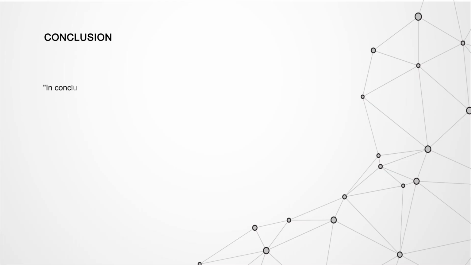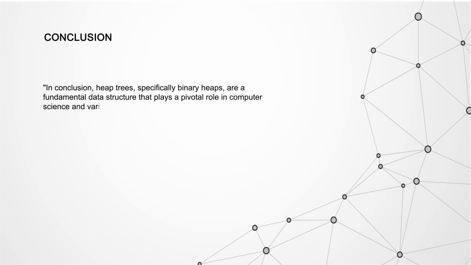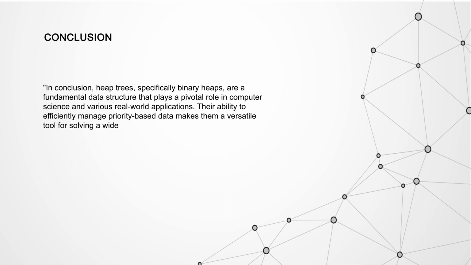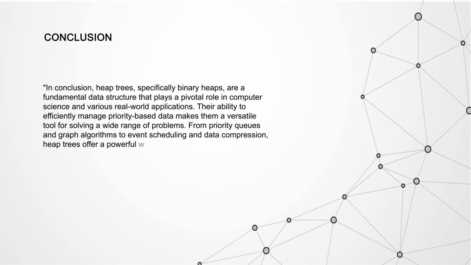I must conclude this session by saying that, in conclusion, heap trees, specifically binary trees, are a fundamental data structure that plays a vital role in computer science and various real world applications. Their ability to efficiently manage priority-based data makes them a versatile tool for solving a wide range of problems, from priority queues and graph algorithms to event scheduling and data compression.